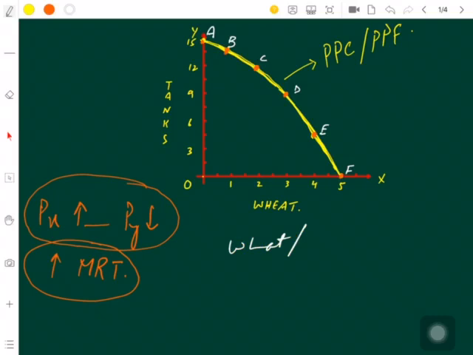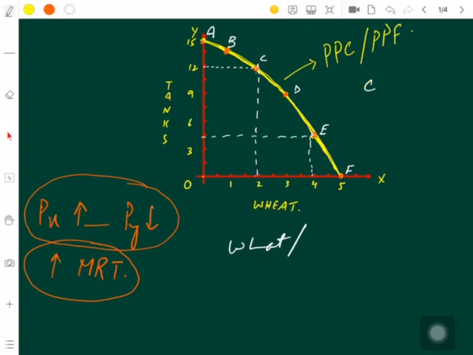See, C is a possibility, which is a combination of this 12 and let us say this 2, or 10, whatsoever is from the table. E is a combination of 4 and from here 5.